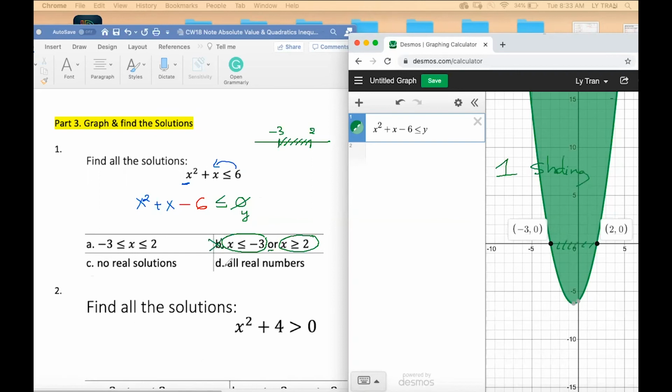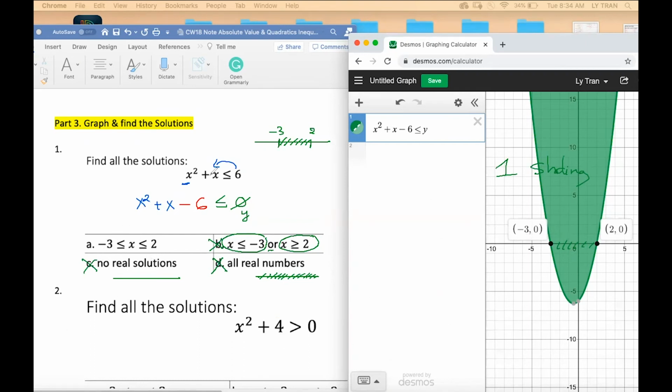This is not going to be an answer either because it's all real numbers. It doesn't make sense. All real numbers is when you cross through the entire x-axis. Looks like that, the shading completely overlaps. No real solutions at all means you don't have anything shaded. So this is also no. So the process of elimination really helps because it helps you find the answer.